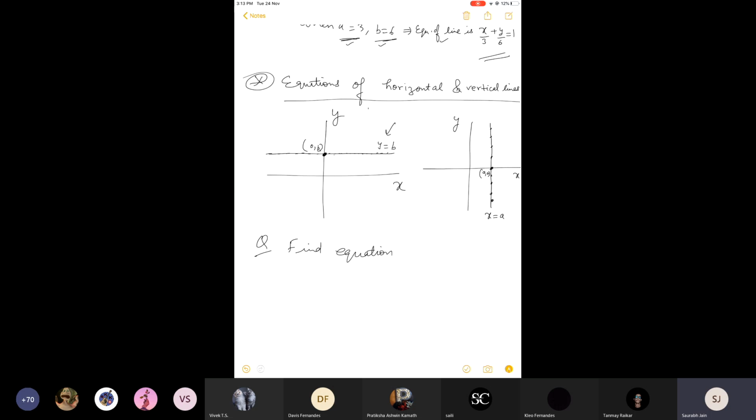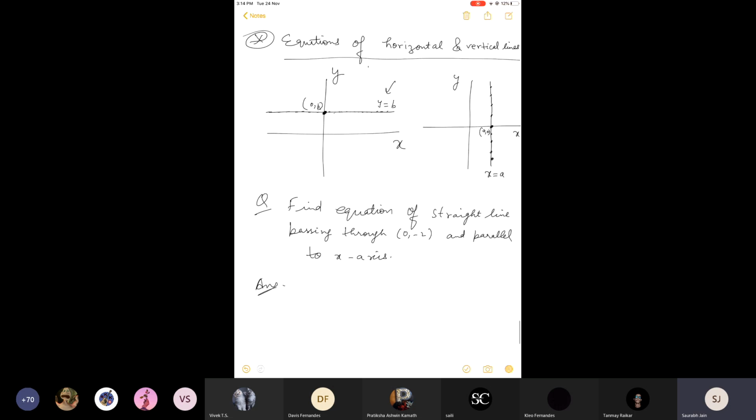Based on this, find the equation of a straight line. Find the equation of a straight line passing through 0 comma minus 2 and parallel to the x-axis. Who will tell me the answer?